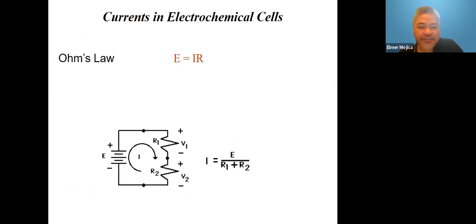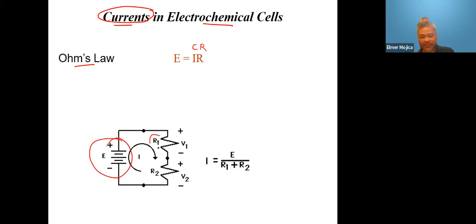Now, let's go on to the so-called currents in electrochemical cells, because that's one thing that we're going to encounter. So you're familiar with Ohm's law, right? Ohm's law is just the potential equals current times resistance. If you look at this diagram here, this is the potential, and this is what we call the resistance.